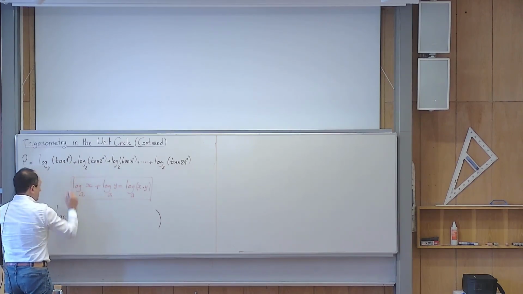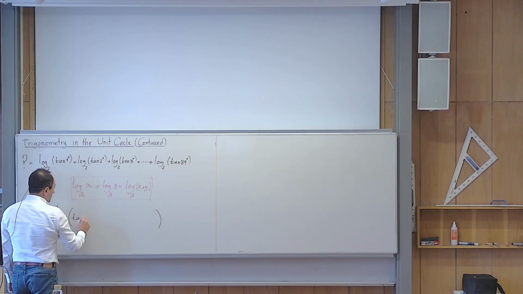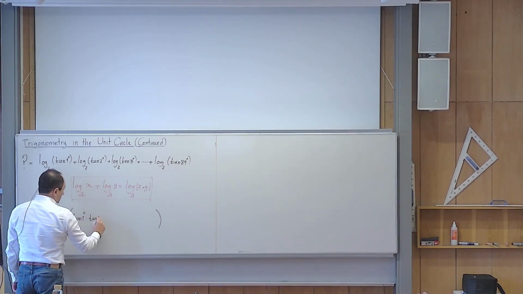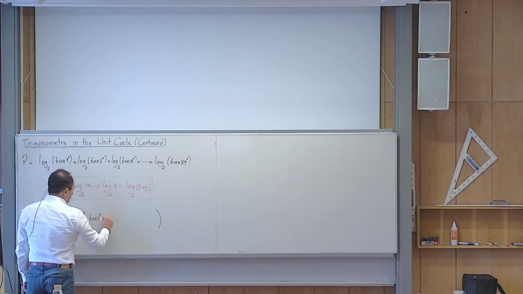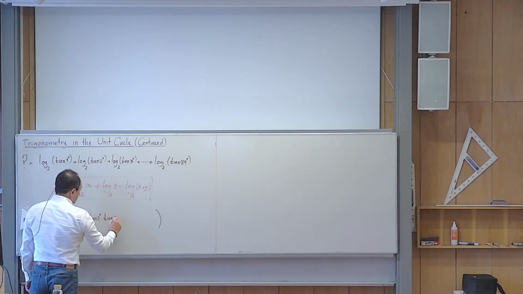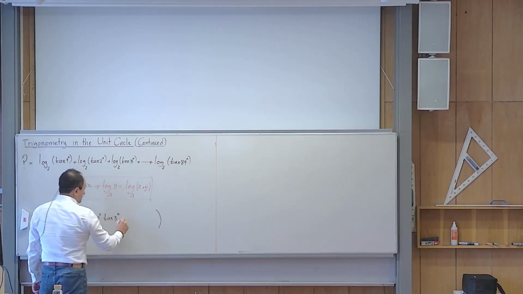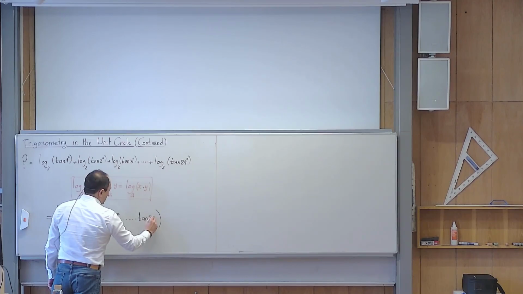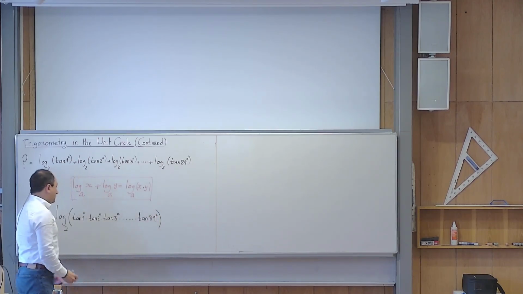So this becomes tan of 1 degree multiplied by tan of 2 degrees multiplied by tan of 3 degrees, and then it continues until tan of the last one, 89 degrees. Okay, so far so good.